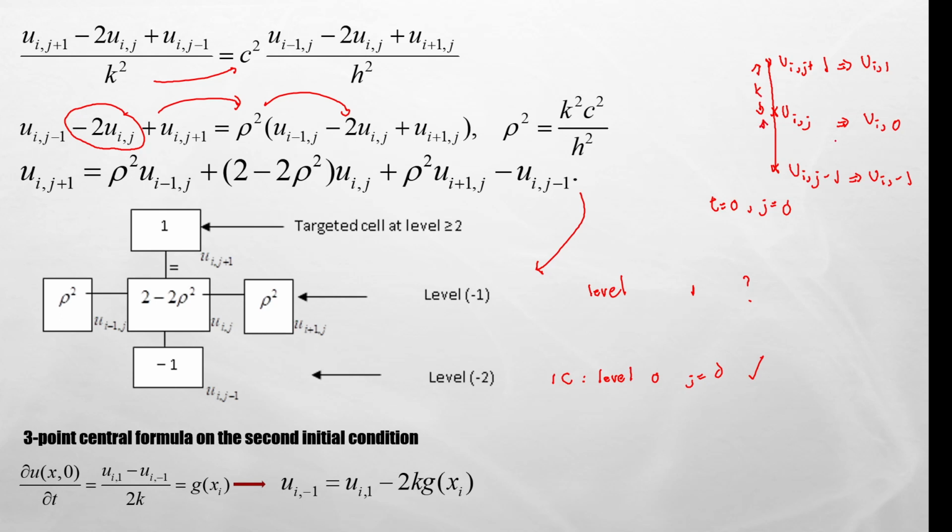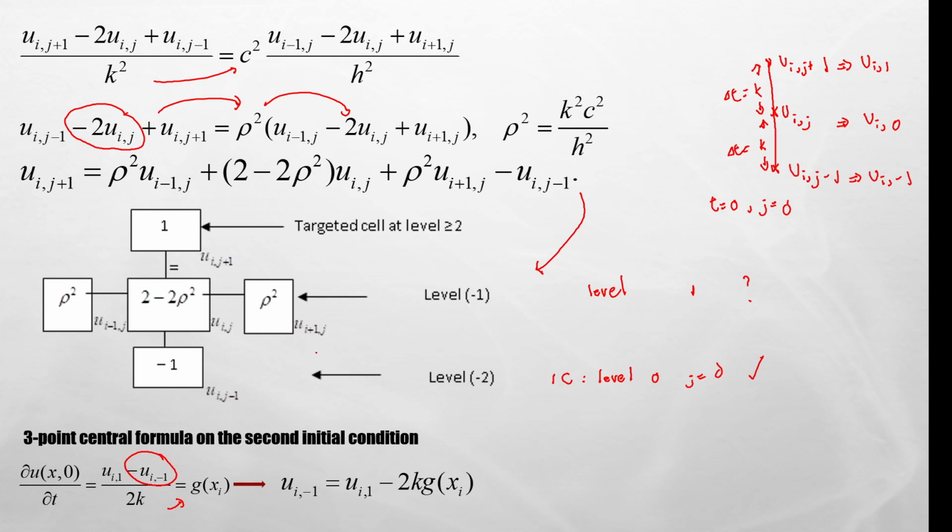From u_{i0} to u_{i,-1}, delta t equal to k. So total, their difference is 2k. Then solving for u_{i,-1}, you obtain u_{i,-1} is u_{i1} minus 2k g(x_i).